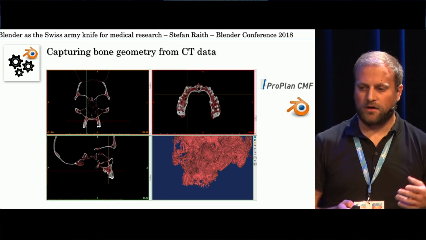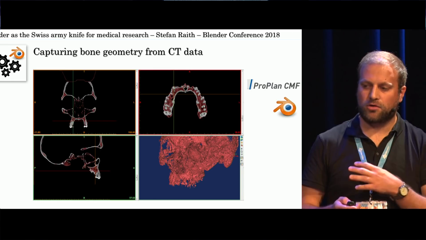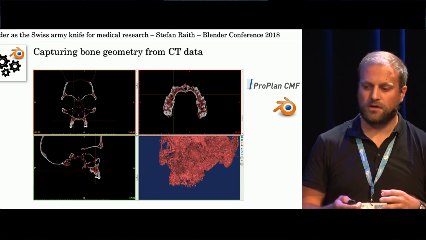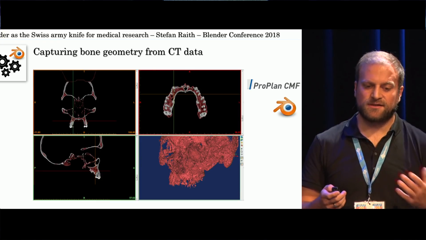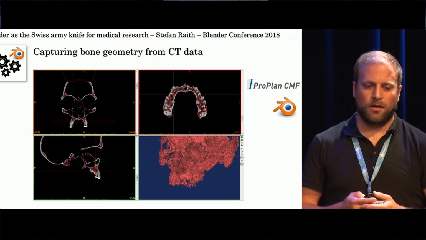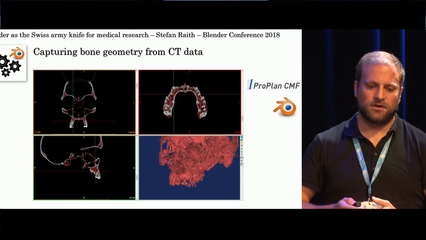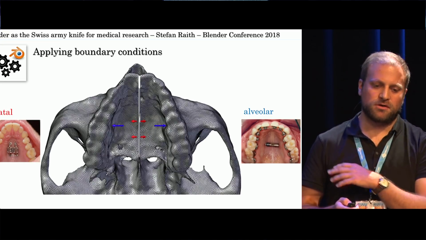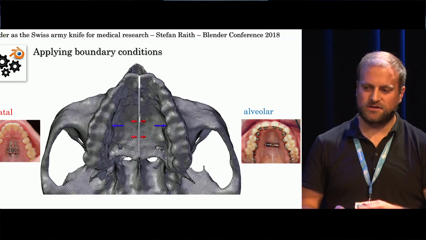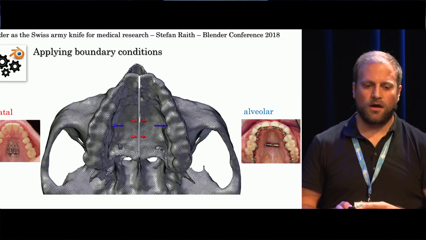So the capturing of the bone geometry is done in ProPlan CMF, as I already told, and we use Blender to pre-process this data to make it valid for actual mechanical simulations. And the load boundary conditions are also applied in Blender, as you see here with these arrows marked.